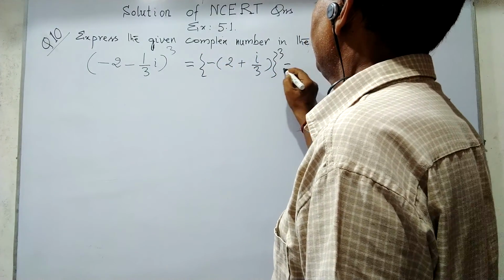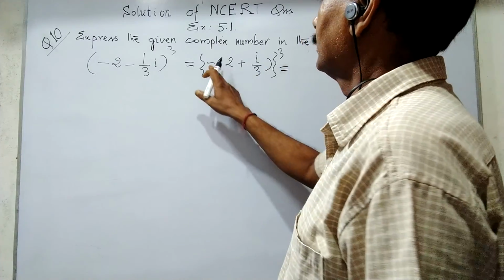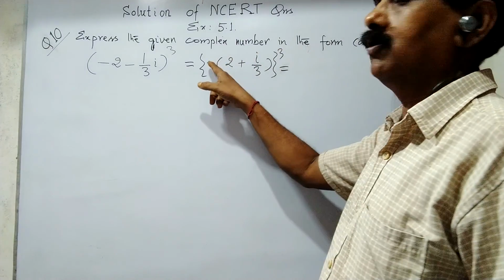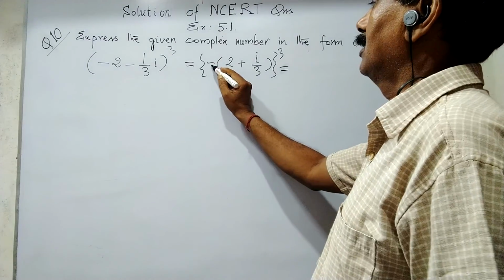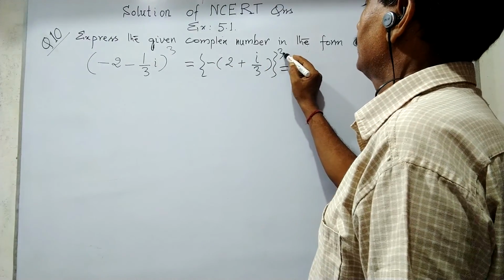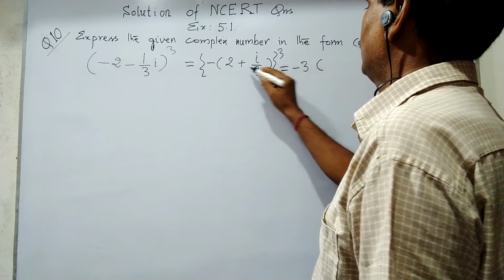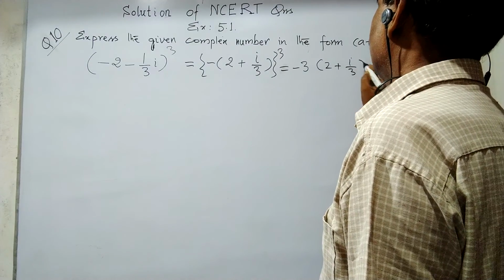Okay, then what do we know? We know that if the power is odd on a negative, it will be negative. Then minus to the power cube is minus. And this is now (2 + i/3) whole cube.